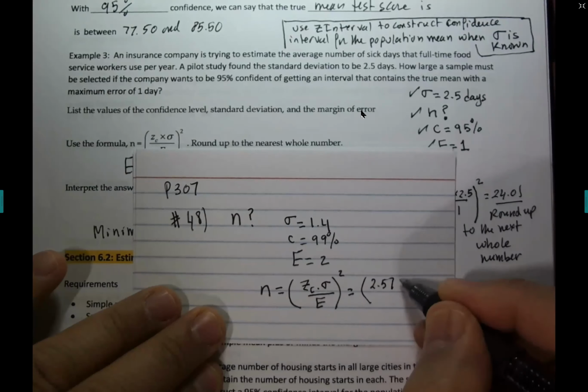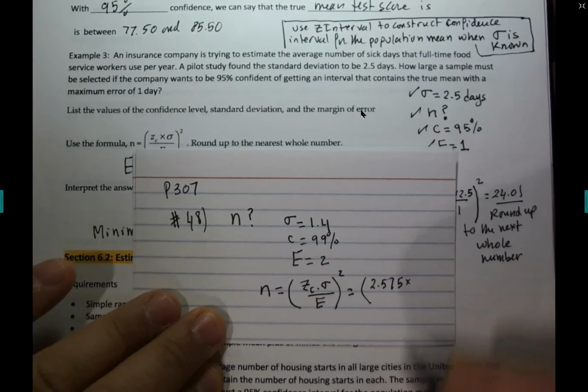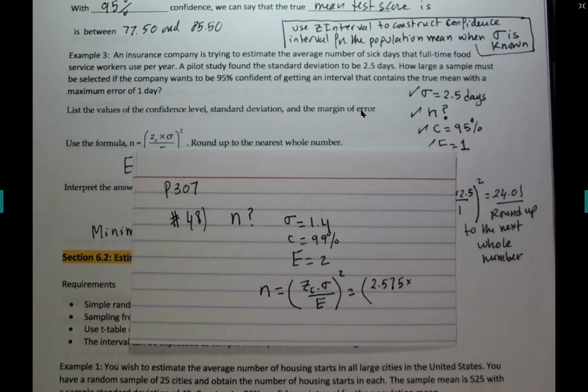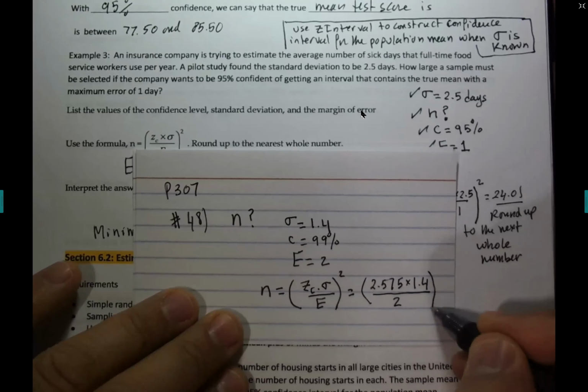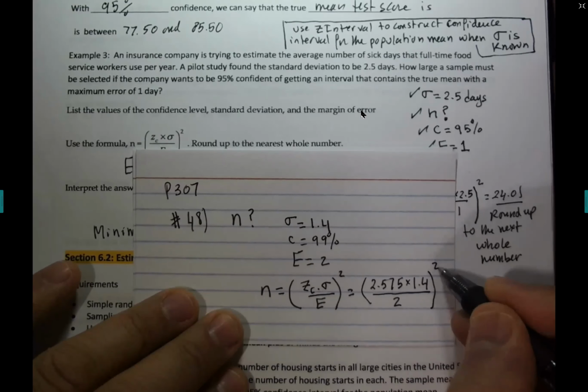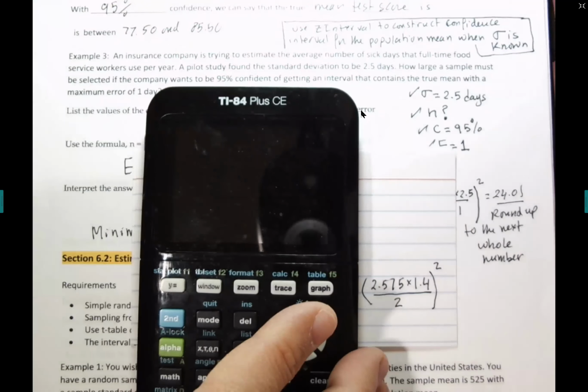We don't round that to 2 digits. I mean, if you round it, it's okay, but better not to, just to get a more precise answer. And 1.4 over E, which is 2, and then square it, and watch, guys, we're done. Don't forget to round up the answer when you're done.